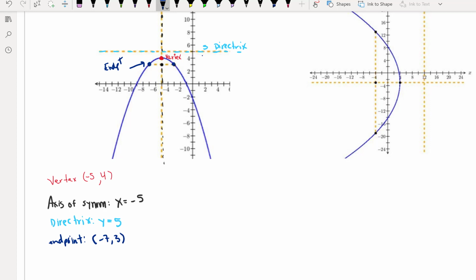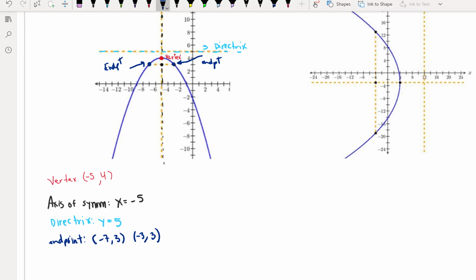Now I have to think about the other endpoint, which is here. That other endpoint looks like it's -3. There we go. That's -3 and +3. So now I have my endpoints at -7, 3 and -3, 3.